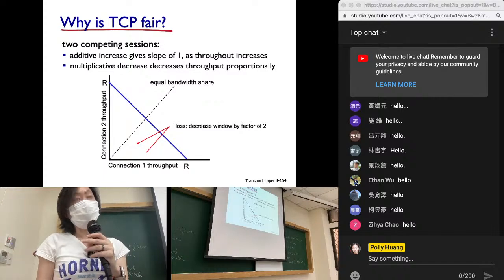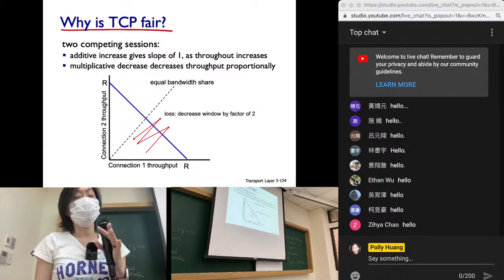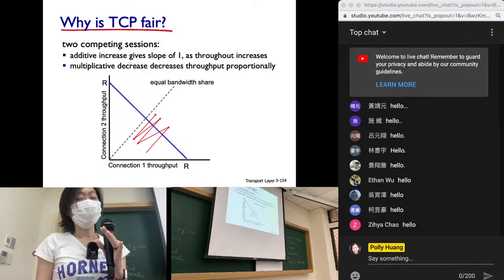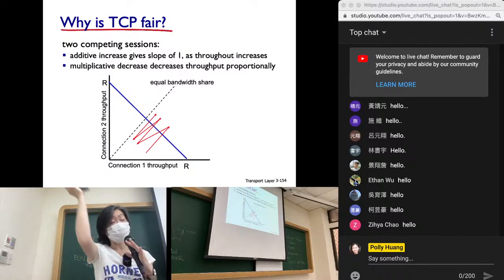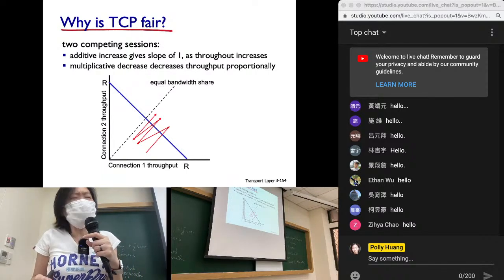And now below the blue curve, they will grow linearly again like this. And packet drop again, dropping to half of each of the throughput, and on and on. What do you see there? Yeah, they're actually converging, approaching the fair line there in the middle.